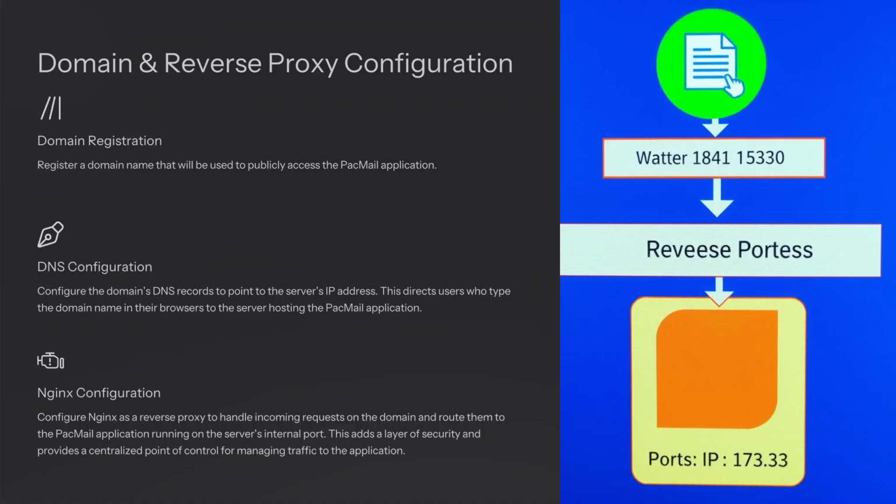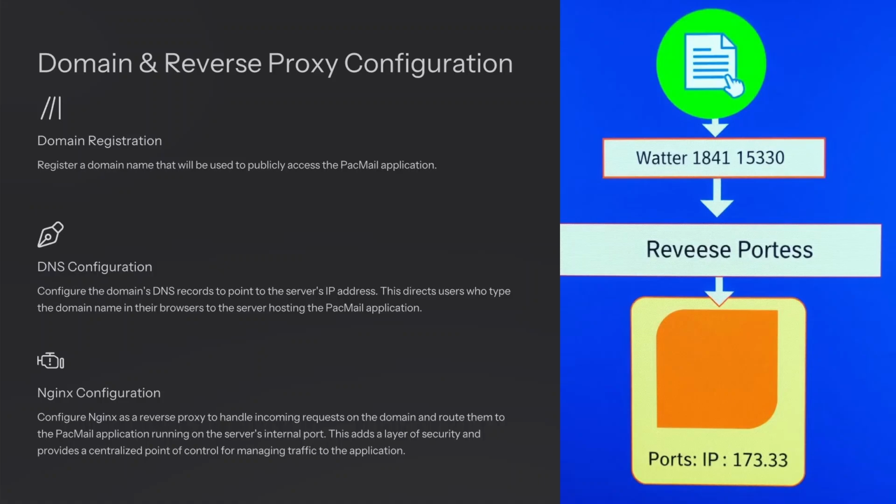So for each of the applications, like the front end service using port 3000, which is the React default, it will reverse proxy to the domain that we configure.